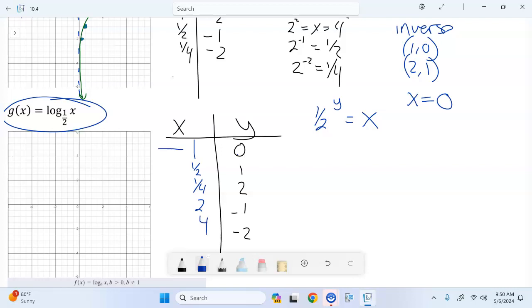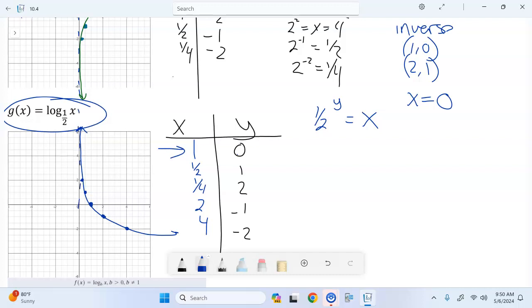So we've got 0, 1, 1, 1/2, 2, 1/4, -1, 2, -2, 4. And down and to the right, because our base is a fraction, less than 1.